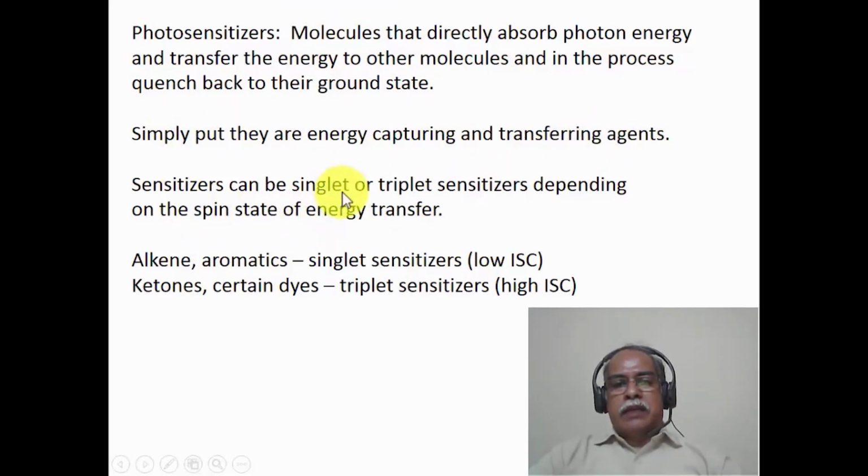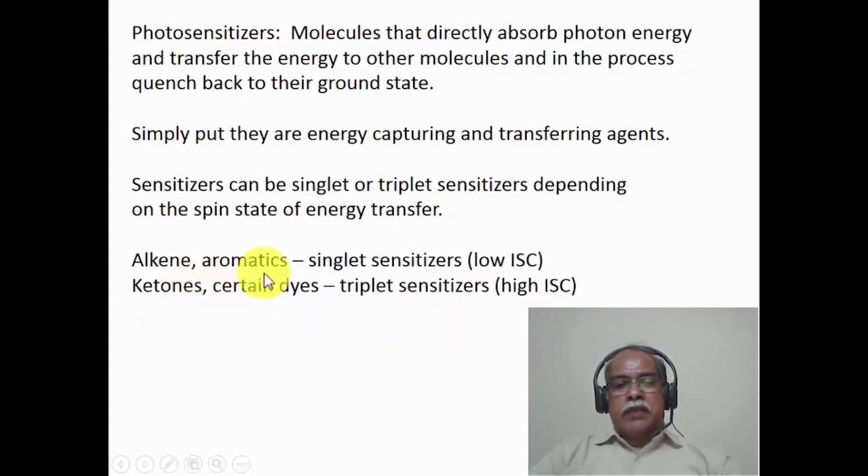Photosensitizers can be either a singlet type or a triplet type, depending upon the spin state of the sensitizer. Typically, alkenes and aromatic systems, which are pi to pi star transition systems, will act as singlet sensitizers. In other words, their intersystem crossing efficiency is extremely low. On the other hand, ketones and certain dye molecules like methylene blue, rhodamine, and so on, undergo the n pi star excitation.